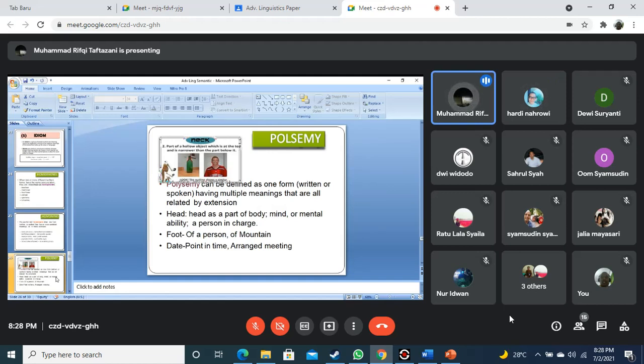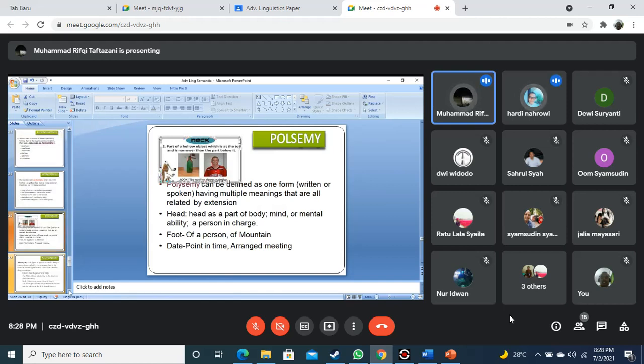For example, foot of a person, and also foot of a mountain. Also, date as a point in time or an arranged meeting. So this is polysemy. For example, kepala can be a part of our body, or the head of a branch, and so on. That's the example of polysemy.